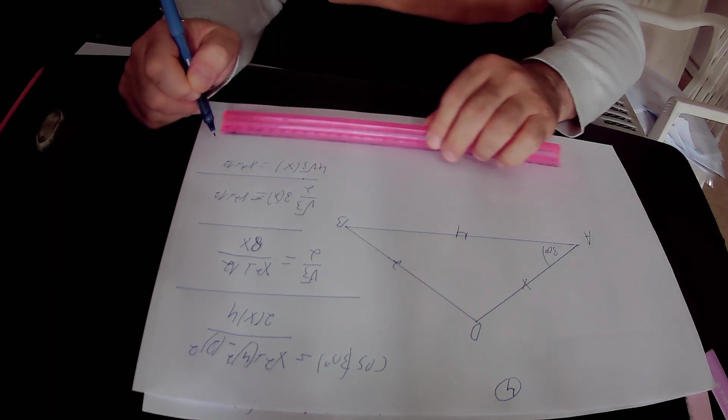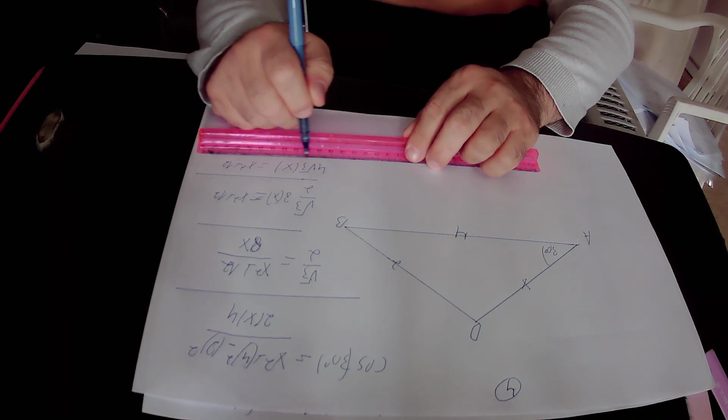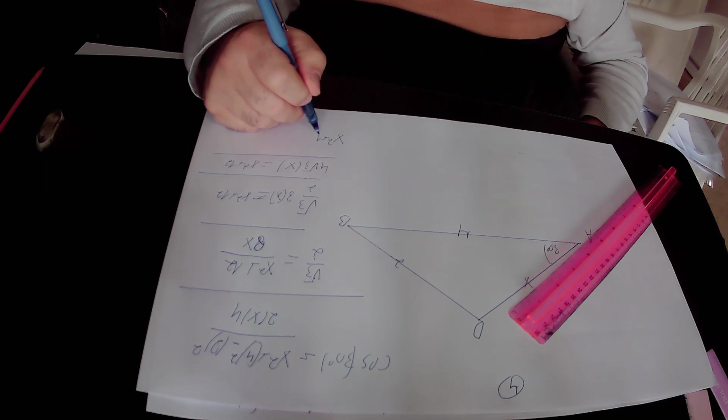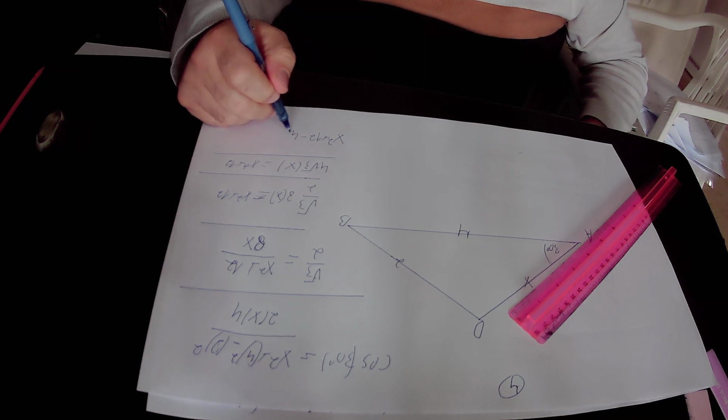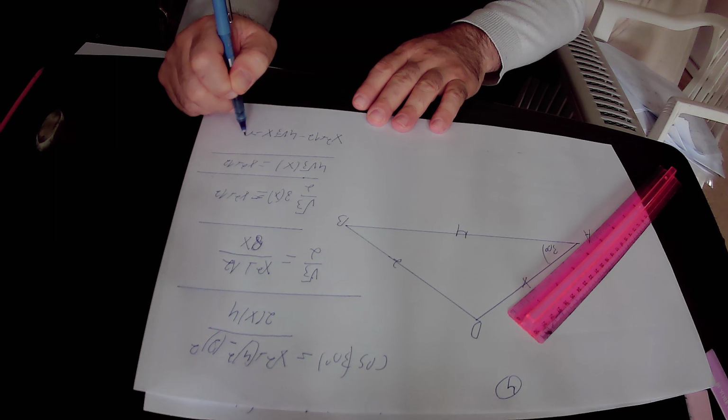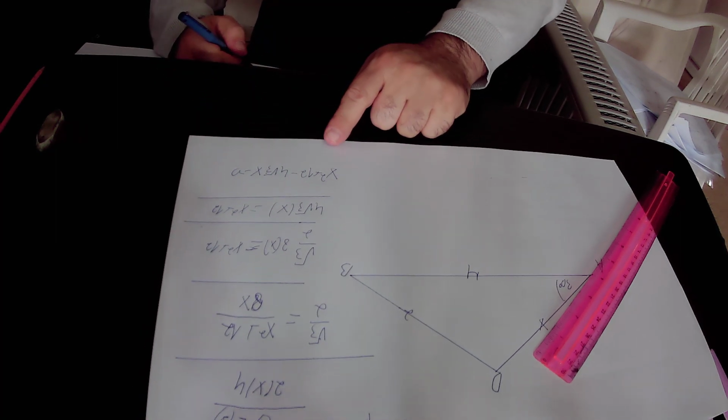Here we will subtract 4 times square root of 3x from this equation, and we will get that x squared plus 12 minus 4 times square root of 3x equals 0.